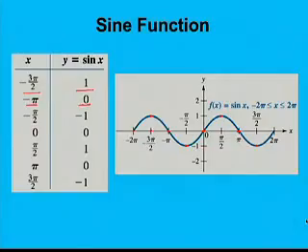If I pick that section where we started at 0 and went all the way around the circle to 2 pi, we would trace out this graph right here. Once I get to here, those same values will repeat themselves.